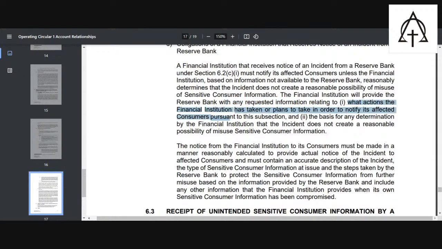What actions the financial institution has taken or plans to take in order to notify its affected consumers pursuant to this subsection, and 2. The basis for any determination by the financial institution that the incident does not create a reasonable possibility of misuse of sensitive consumer information.